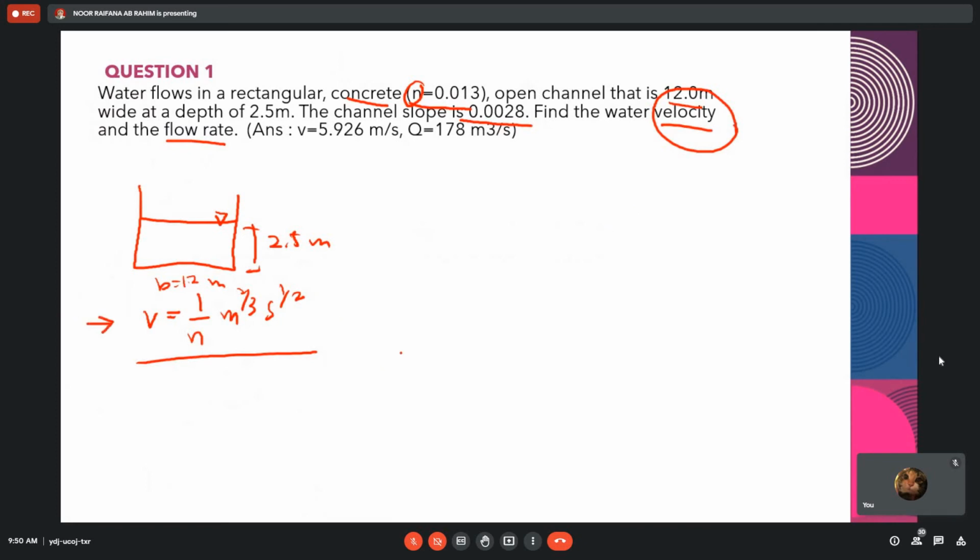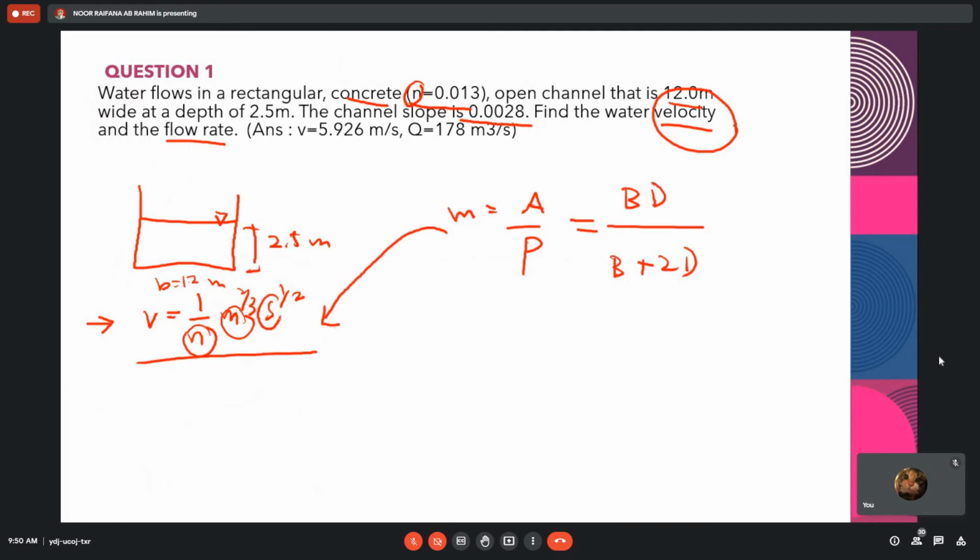So mula apply dulu equation velocity and then masukkan the value of n, m tadi is equal to A/P. So untuk calculate the area, dia dah bagi tahu B berapa, D berapa and then the wetted parameter is B plus 2D. Okay, so you dah calculate dia punya m, masukkan dalam equation, so masukkan S berapa, so finally nanti you akan dapat the velocity ni, jawapan dia.